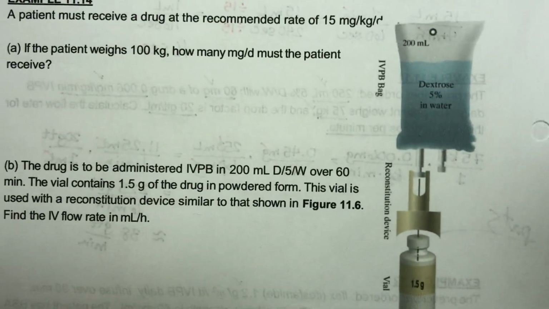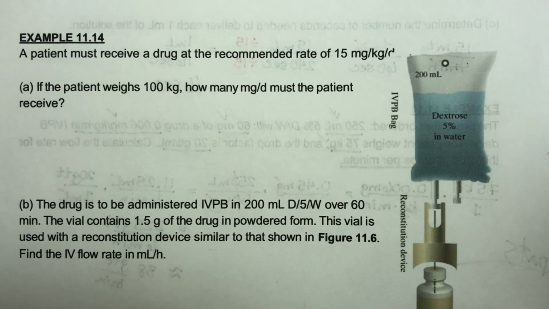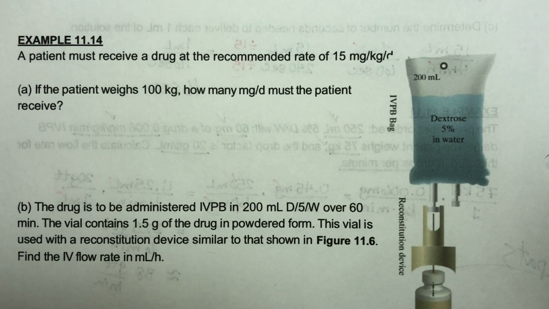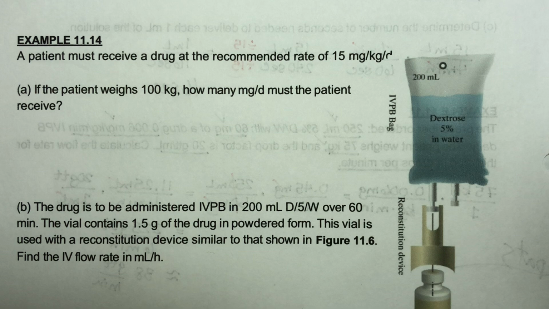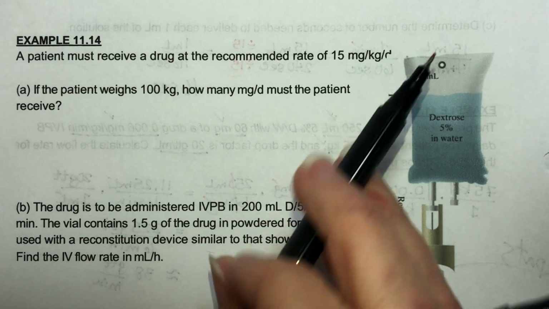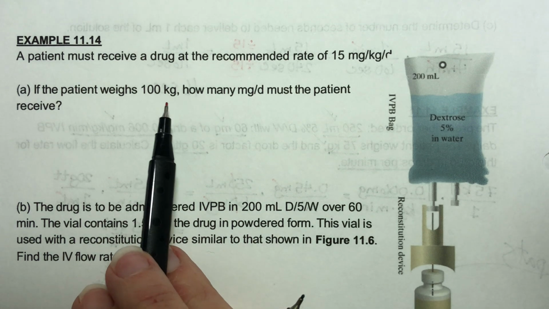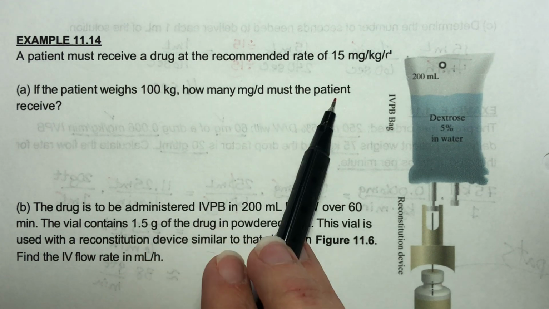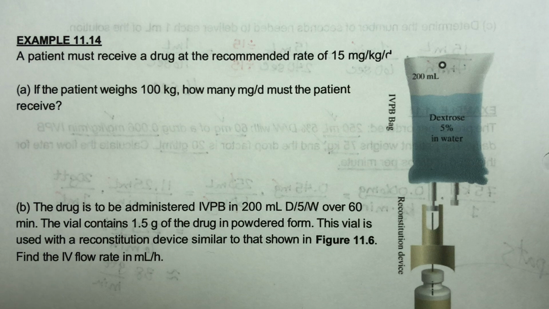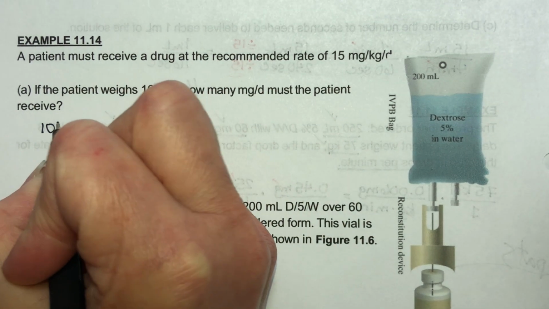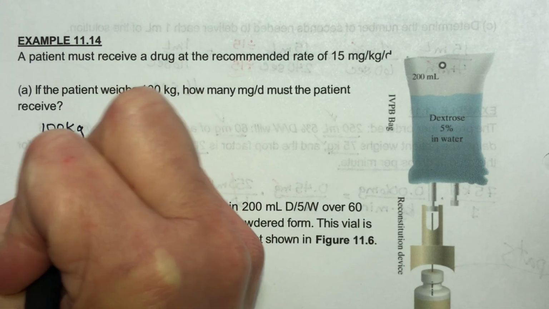Okay, number 14. A patient must receive a drug at the recommended rate of 15 milligrams per kilogram per, I think that's a day, it got cut off by the picture. If the patient weighs 100 kilograms, how many milligrams per day must the patient receive? Okay, so I start off with the 100 kilograms. I'm going to put this over 1.